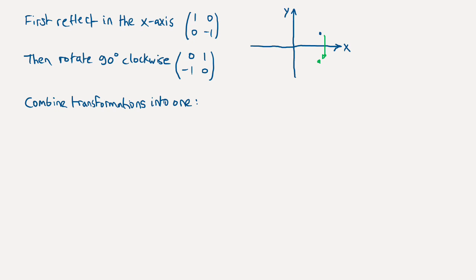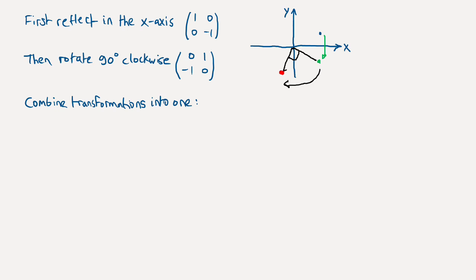So let's draw the diagonal that's going to this point, and then rotate 90 degrees clockwise round to this point, so we'll end up at this red point here.